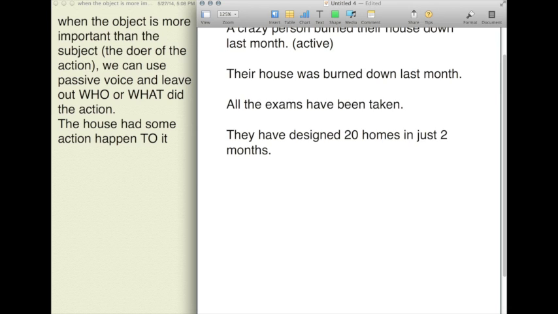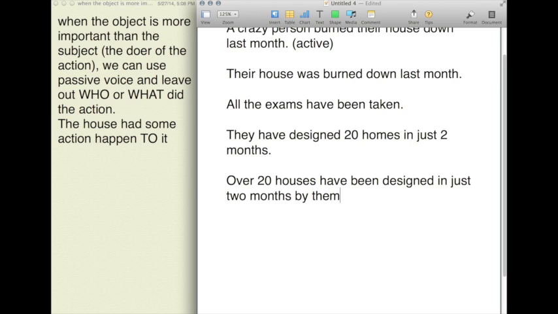How can we make this passive? Over 20 houses have been designed in just 2 months. And we could add "by them." We could add "by them," but let's not do that. Now it's a passive sentence, and we can say it maybe is better if we want to focus on how many houses are designed and not focus on who did the designs.